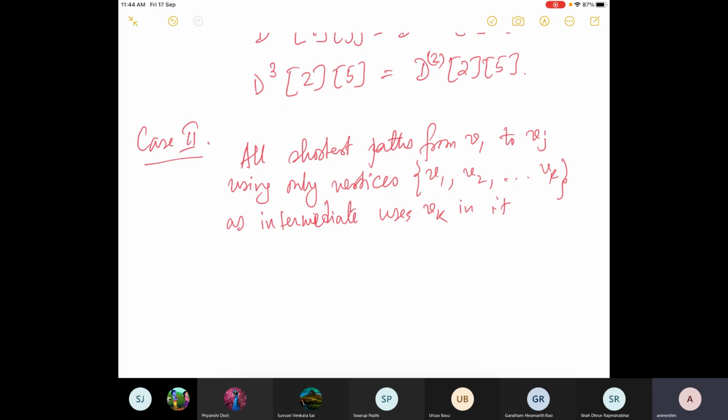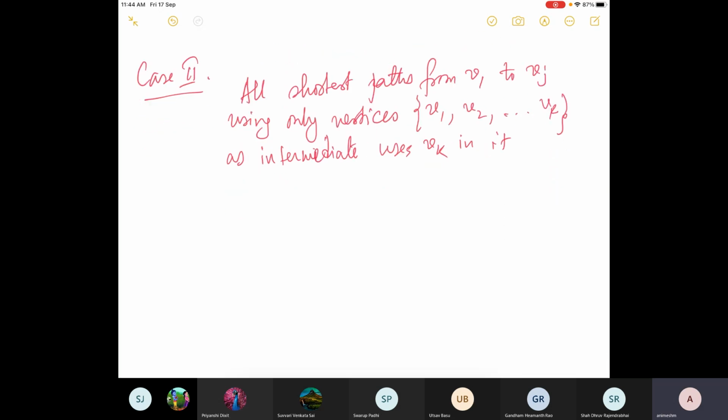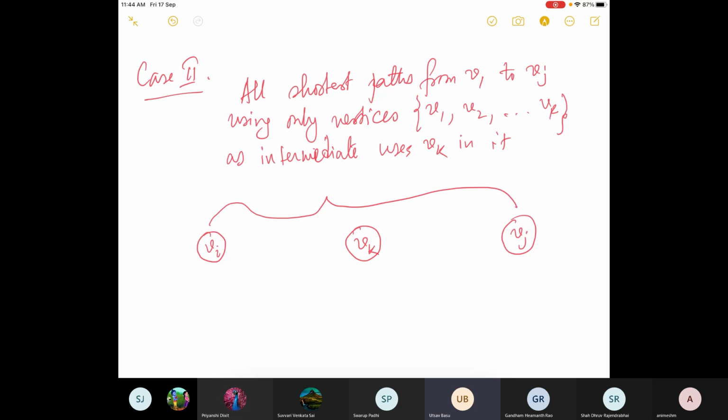In such a case, how will the situation be? If you think of it pictorially, there is Vi, there is Vk, and there is Vj. Sir, we can say path from I to K and then path from K to J. Excellent, yes, that's what we are going to do.